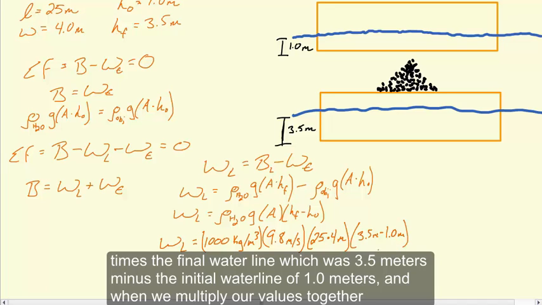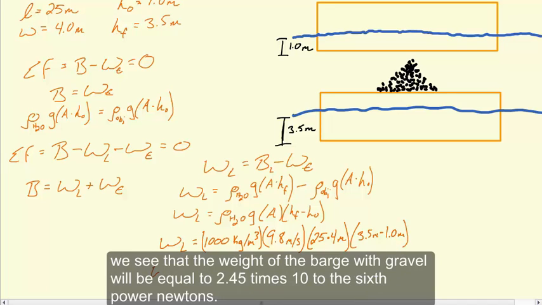And when we multiply our values together, we see that the weight of the gravel will be equal to 2.45 times 10 to the 6th power newtons.